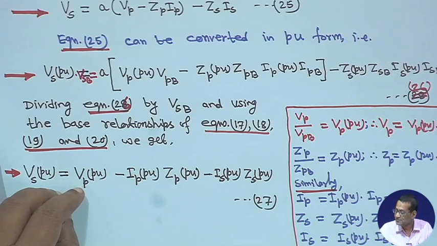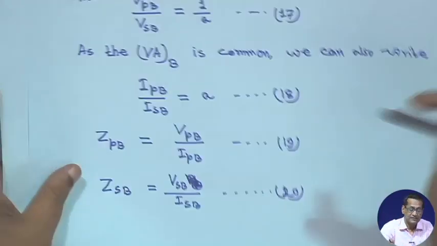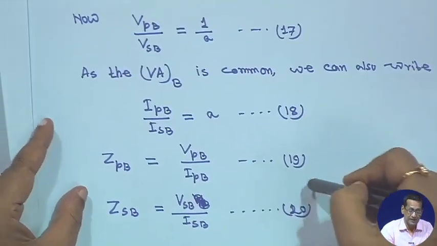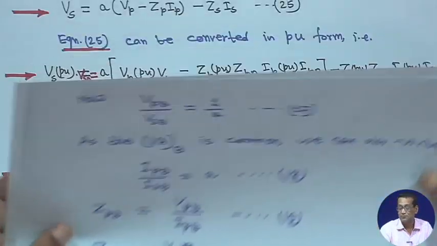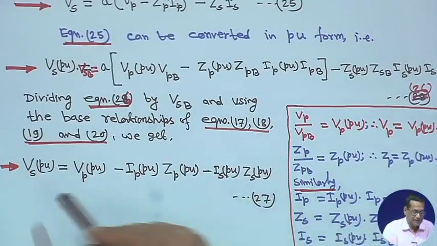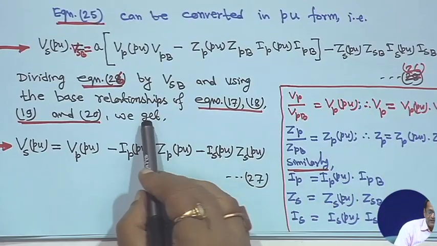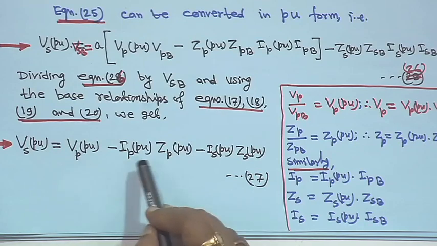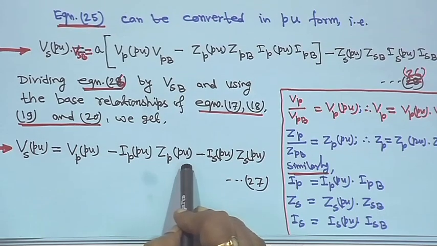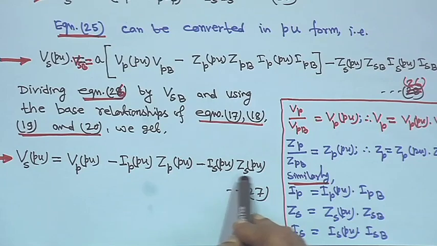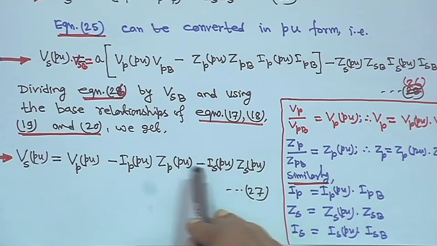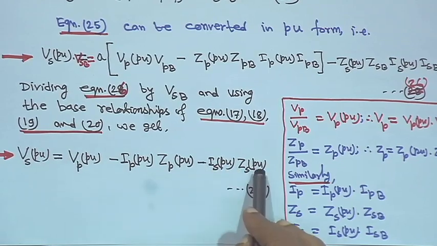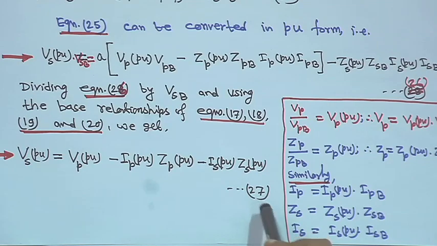Substitute those, and if you do so, you will get Vs per unit is equal to Vp per unit minus Ip per unit into Zp per unit minus Is per unit into Zs per unit. In brackets we are writing per unit to indicate that these are all per unit values of voltage, current and impedance, right. This is equation 27.